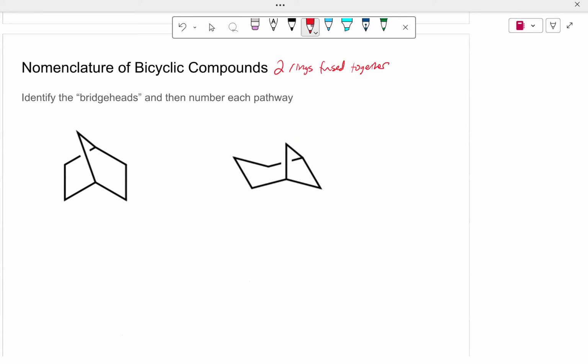If you look at this structure on the left, you can see there's this 6-membered ring right here, and then you've got this bridge right here connecting the two. The first thing is that the prefix for these compounds, instead of cyclo, changes to bicyclo.